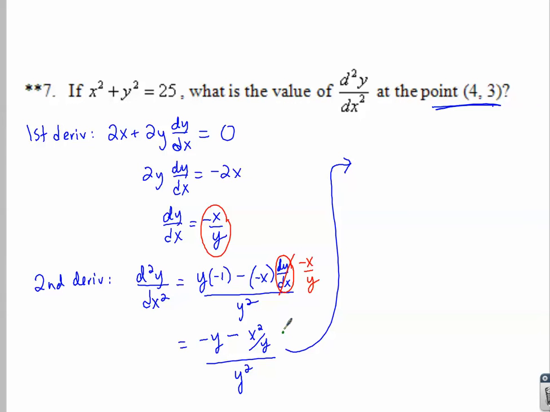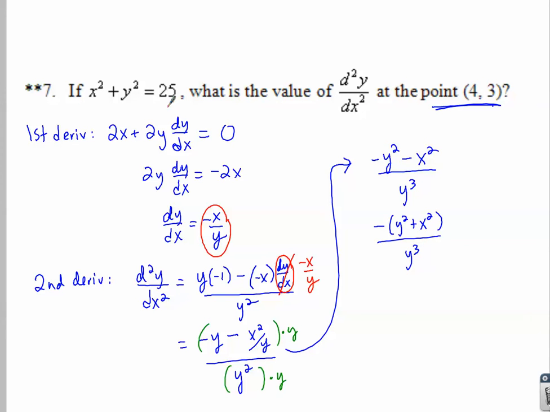Multiply the top and bottom by y. Distribute that, and we get negative y squared minus x squared over y cubed. Factor out the negative, y squared plus x squared over y cubed. You recognize what x squared plus y squared equaled from the beginning. So you wrote negative 25 over y cubed.